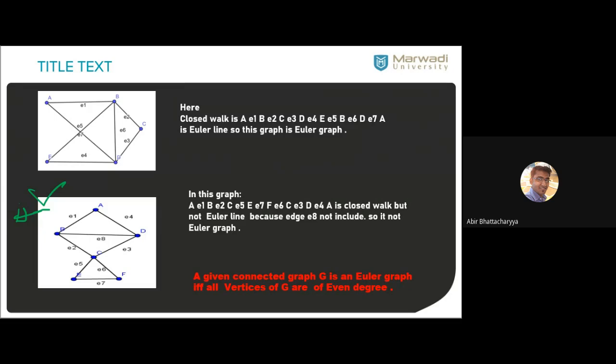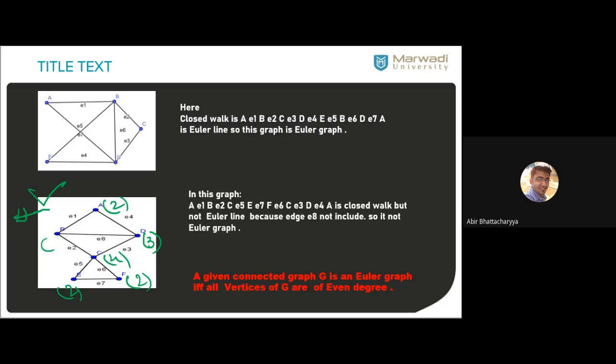Vertex B and D is having odd degree. This 3 and 3. Vertex C 4. Yes, correct. F is 2, E is 2, A also 2, but B and D is having odd degree.